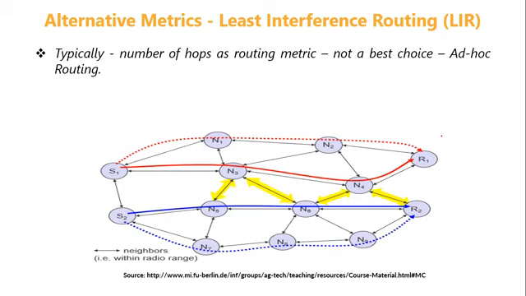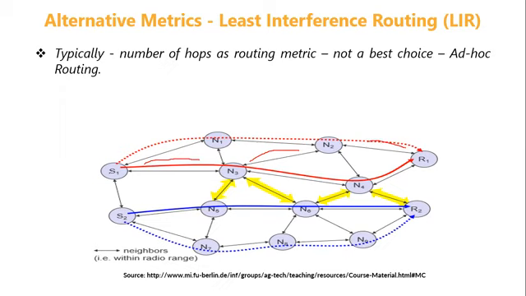Typically, any routing algorithm will consider the number of hops as the metric. That is, to identify the best route, it will use the number of hops as the metric. It will always try to identify the route with the least number of hops. A hop is this: for example, S1 to N3 is one hop, N3 to N2 is another hop, N2 to R1 is another hop.